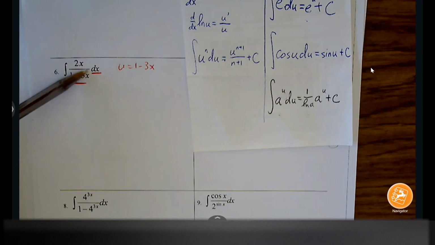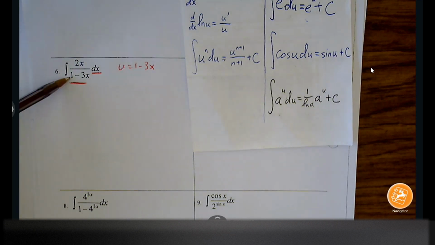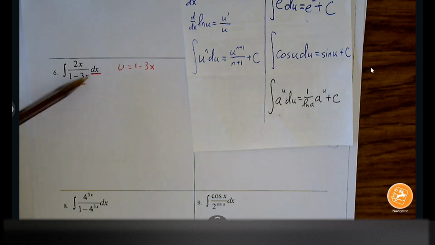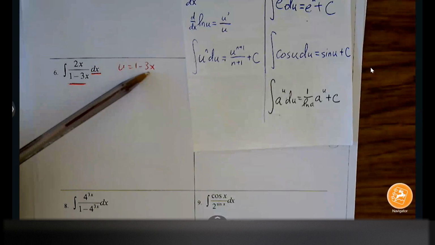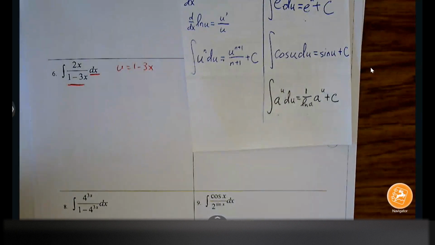Now this is a little bit on the difficult side. We'll probably give you one as messy as this, but that's the process I want you to go through. You decide whether you can expand. If you can't, use substitution. And if you still can't get the u value to take away all the x's, then you may have to rearrange this problem and replace that x in terms of u.